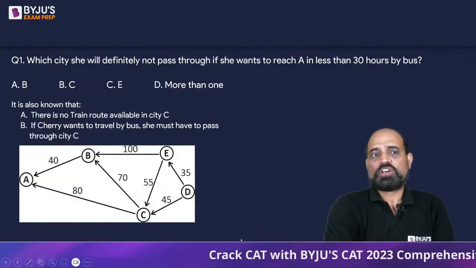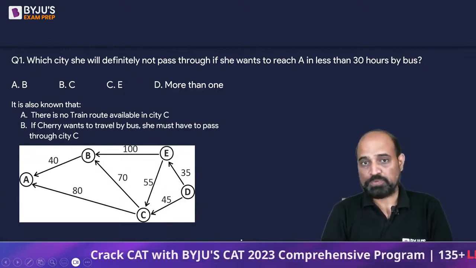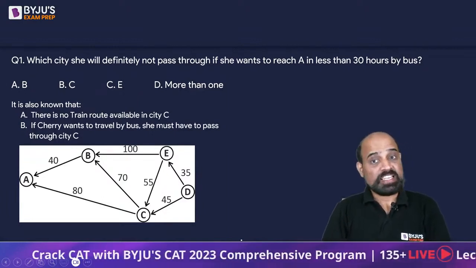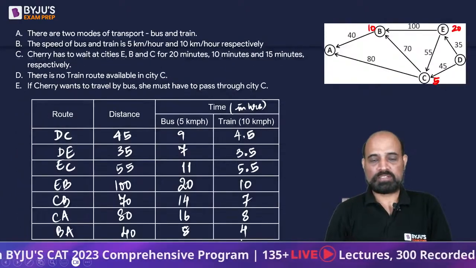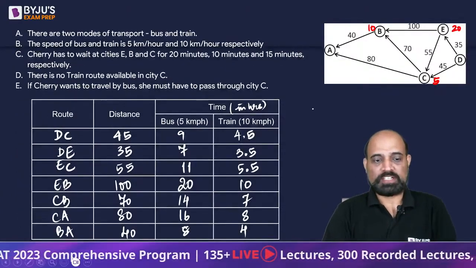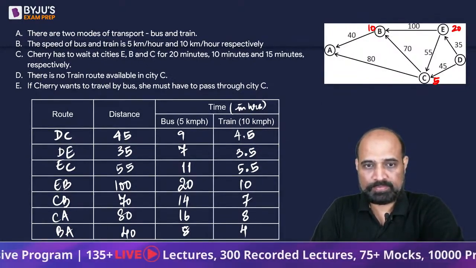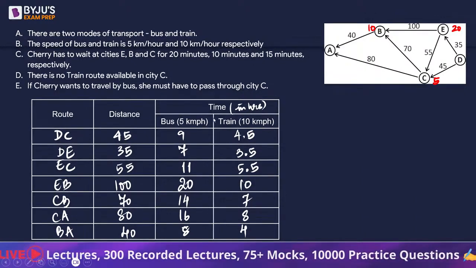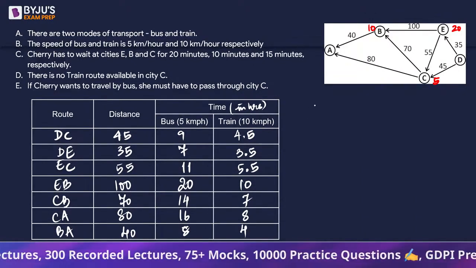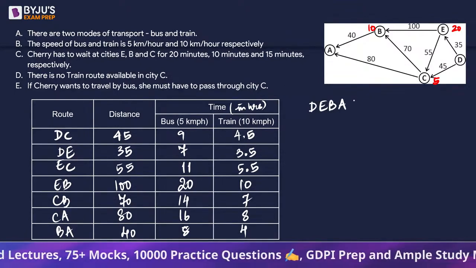Okay, which city will she definitely not pass through if she wants to reach A in less than 30 hours by bus? By bus. So the different routes that we have are DEBA, right?